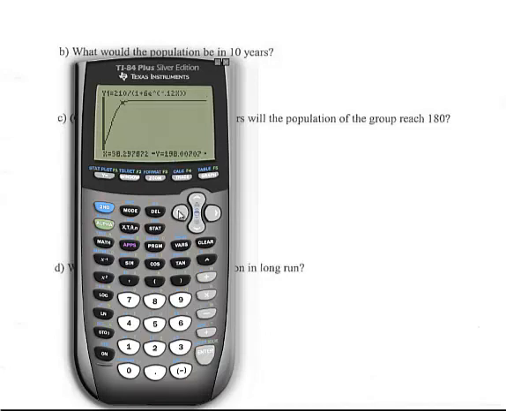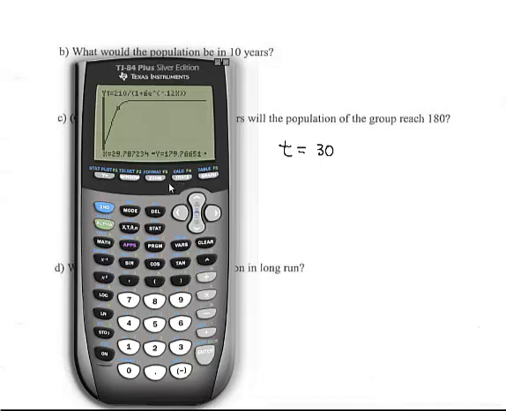Y in our calculator represents A from our workbook. 179.76 is close enough to 180. We get approximately 29.78 years. X is our time t, so graphically we say that t equals, let's round it to 30 years.